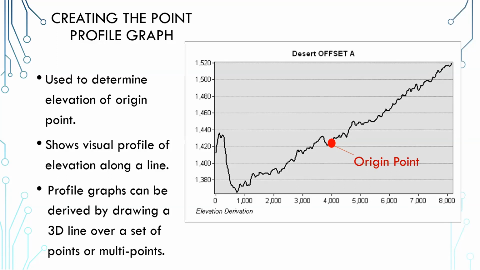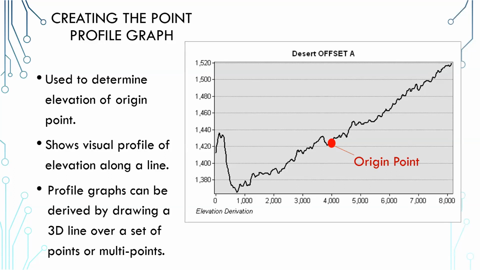Profiles can be generated from any 3D line feature drawn over a surface. So you can create profiles on either a raster, a triangulated irregular network, or TIN, or a terrain dataset surface. Profile graphs can also be derived by drawing a 3D line over a set of points or multi-points. So profiles also show the change in elevation of a surface along a line.